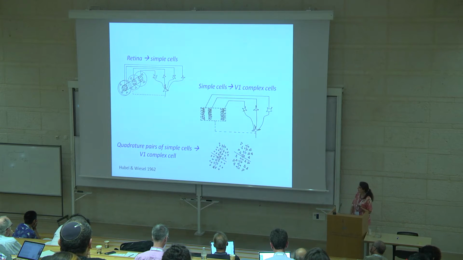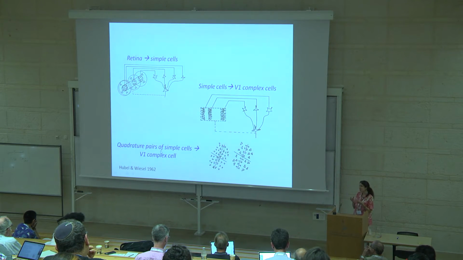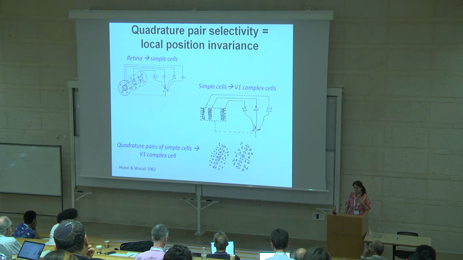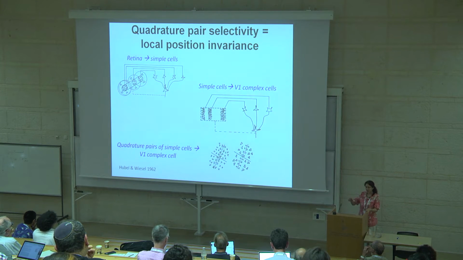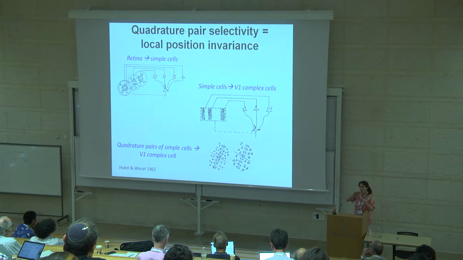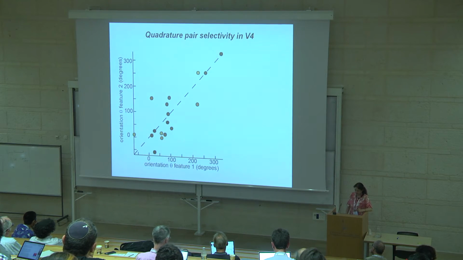Every time we see a quadrature pair selectivity, I take it as an indication of the presence of local position invariance. And then we also have global position invariance, which was part of the model when I estimated which two features together accounted for neural responses in the presence of global position invariance. So we have multiple types of position invariance.